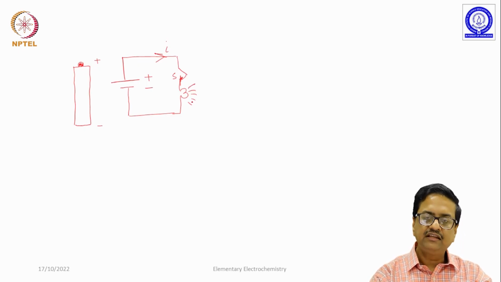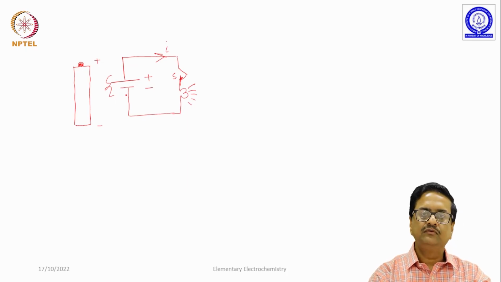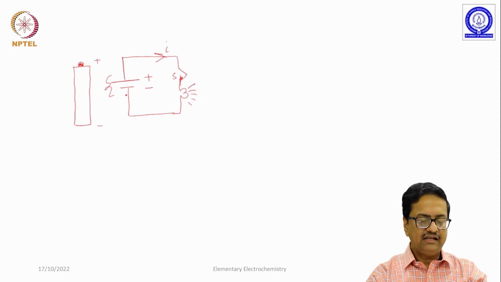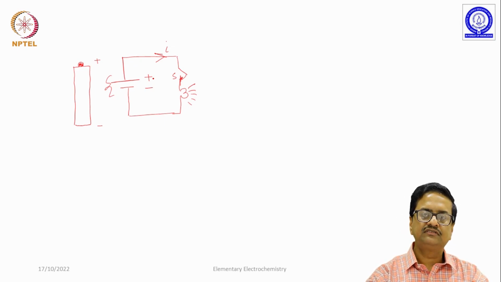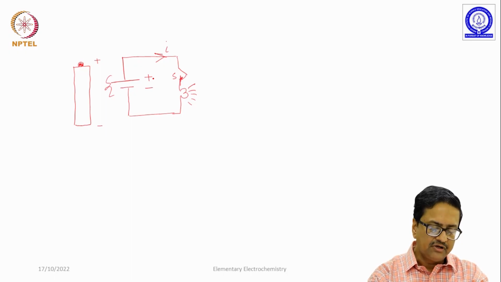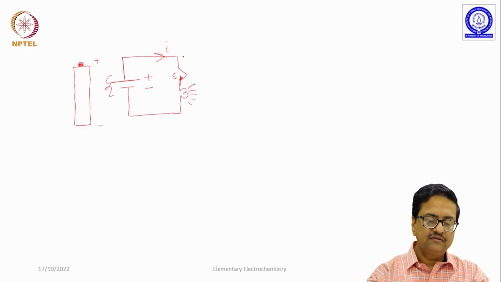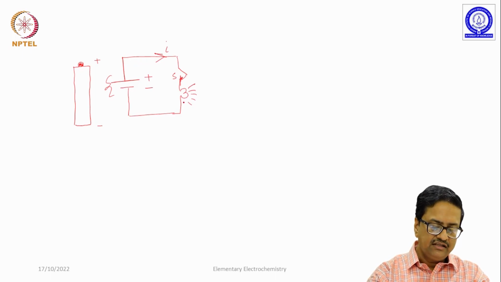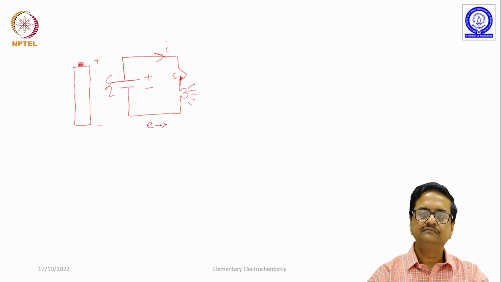So what is happening is that there is some chemical energy which is stored inside this battery, which is now being used up, and that chemical reaction is happening at these two electrodes, the positive electrode is the anode and the negative electrode the cathode, the negative point. So the current flows in this direction while the electron flows in the other direction, right?